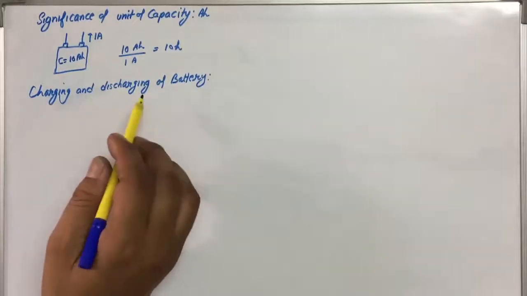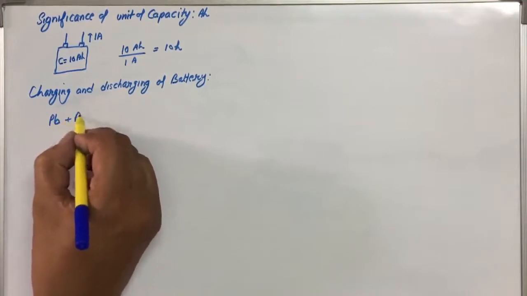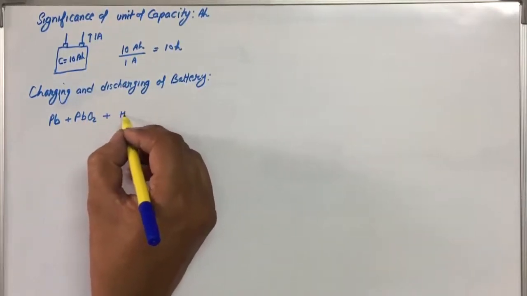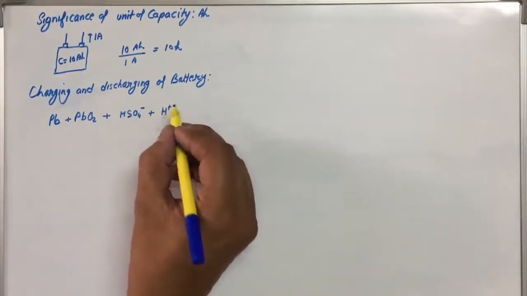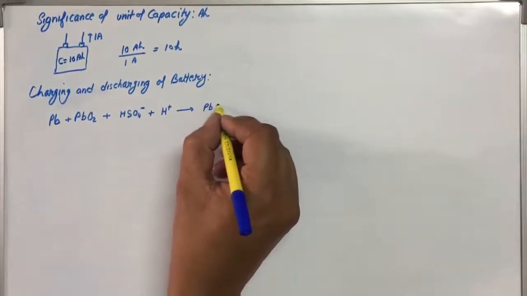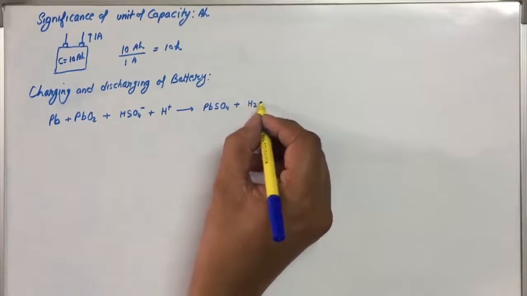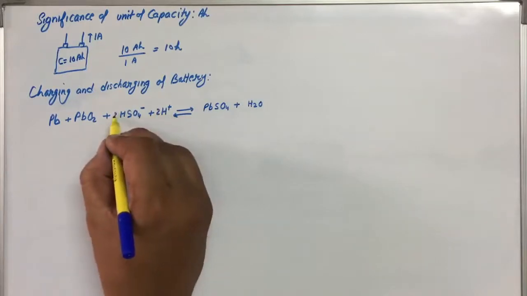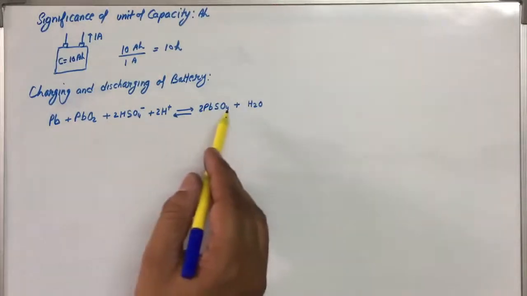Now let us discuss charging and discharging of a battery. The reactions that take place inside the lead acid battery are shown here: during discharging, the negative and positive plates form lead sulfate plus water, and charging reverses this.